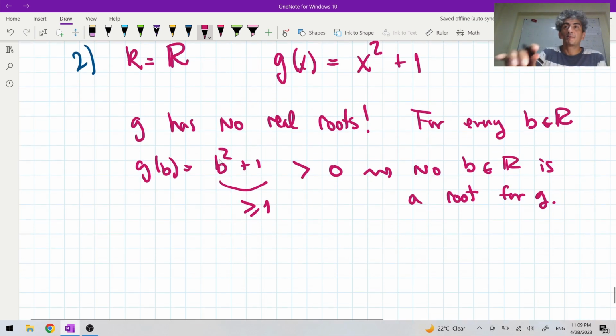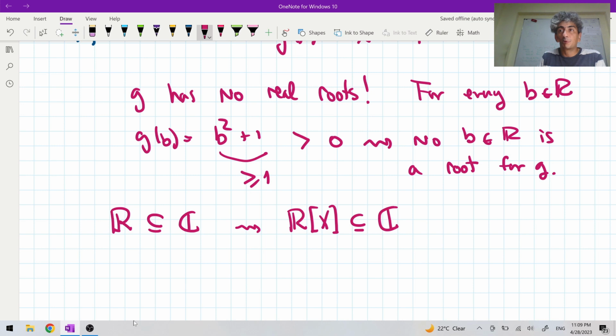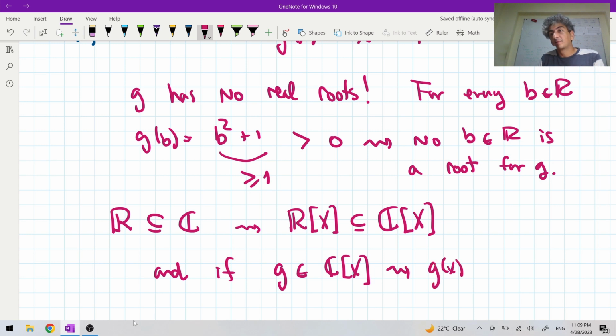But again, if R can be seen as a subset of the complex numbers, then polynomials with coefficients in R can be seen as polynomials with coefficients in C. And now, if we take a look at g as being a polynomial with coefficients in C, then g can be factored. It's the same process again and again.